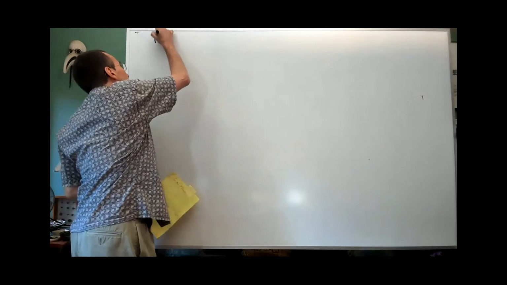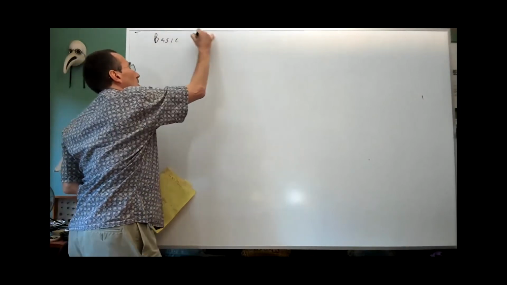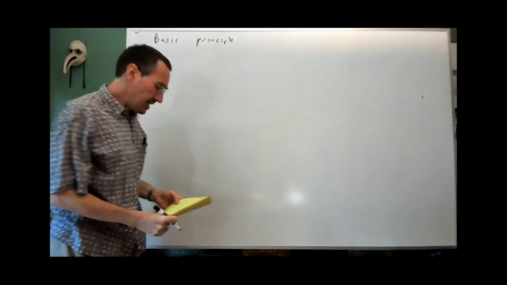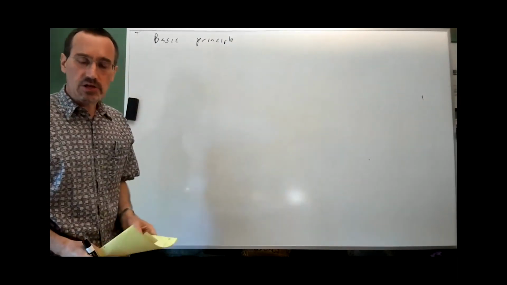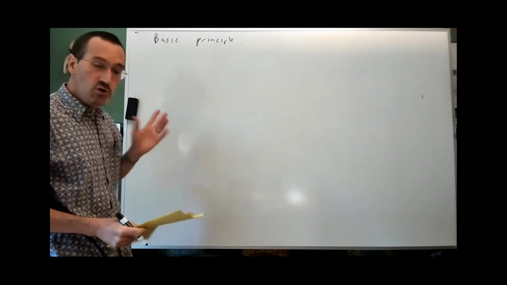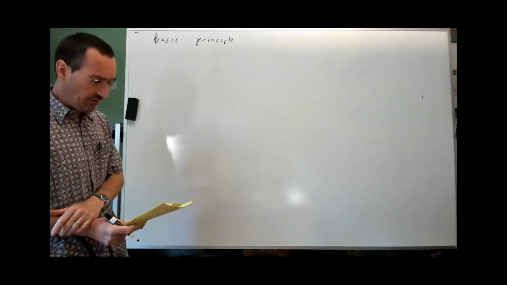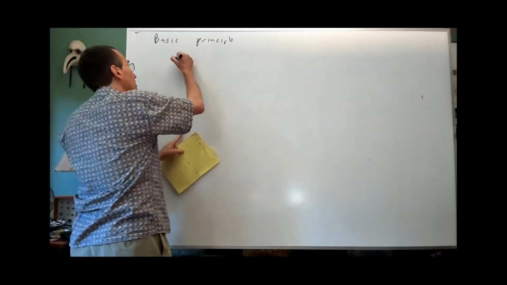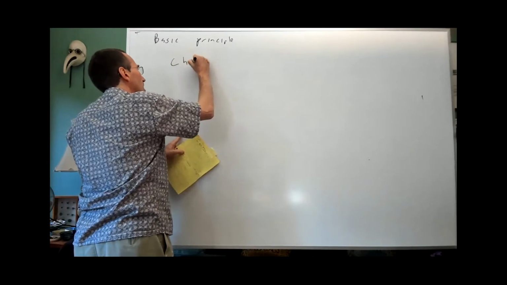The very basic principle is that charged particles are deflected by an electric field, and moving charged particles are deflected by magnetic fields or electromagnetic fields. So I'm going to write this down.